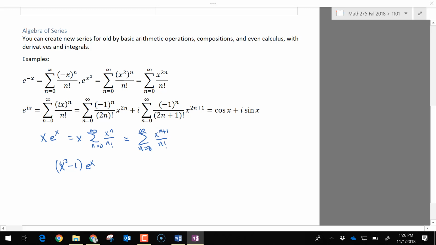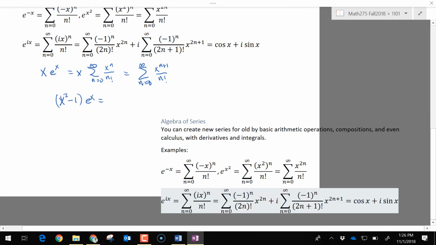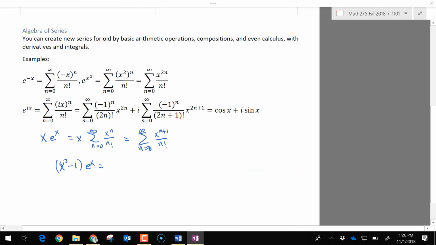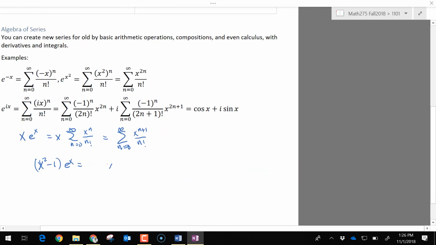So this one is kind of like the same thing. Well, kind of like, but not really. Uh-oh, what happened? So it's going to be x squared e to the x minus e to the x.